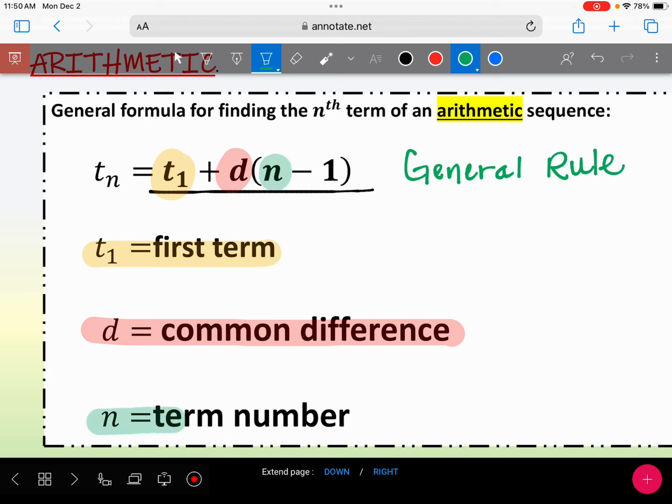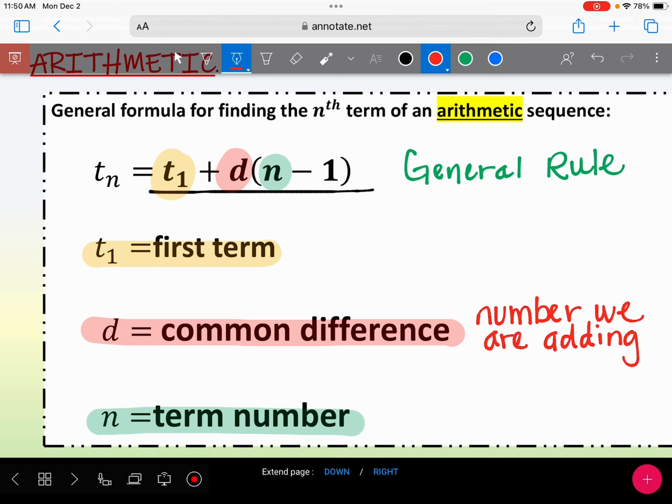And then I have an N. N is the term number. So that's where those three variables go into the general rule. Common difference is the number that we're adding. So in the example we began with, the common difference was 2.5.